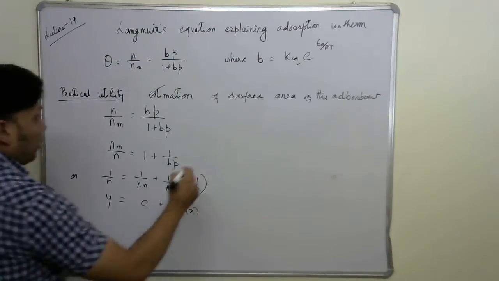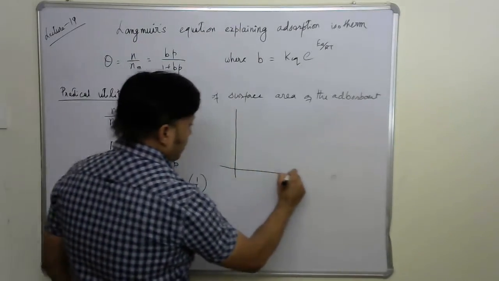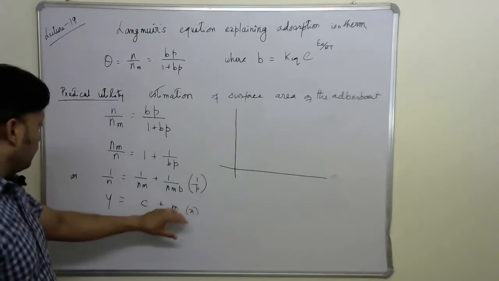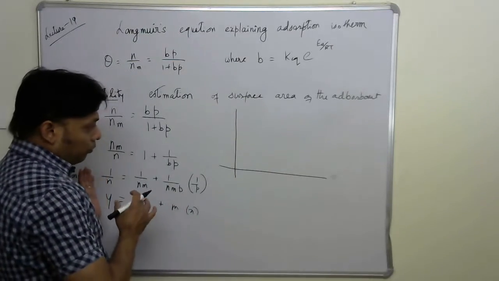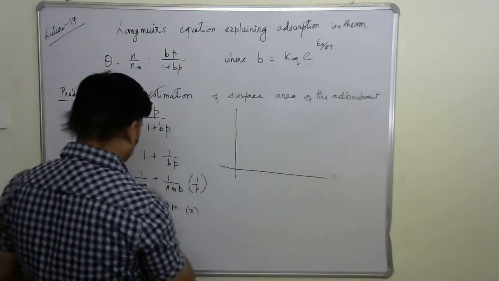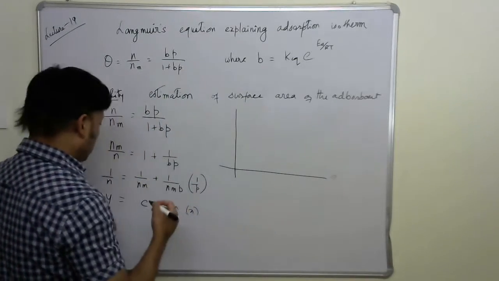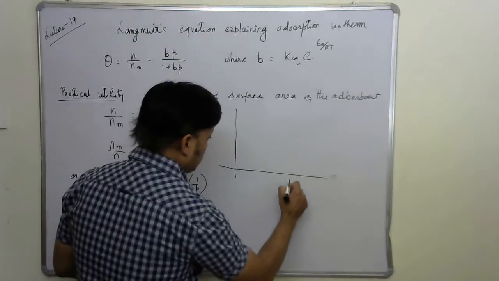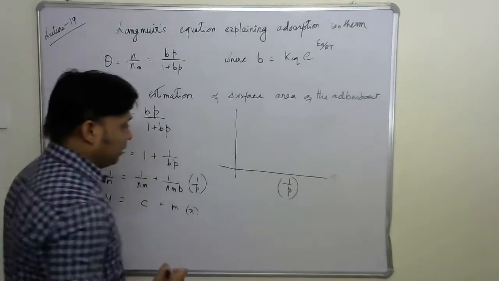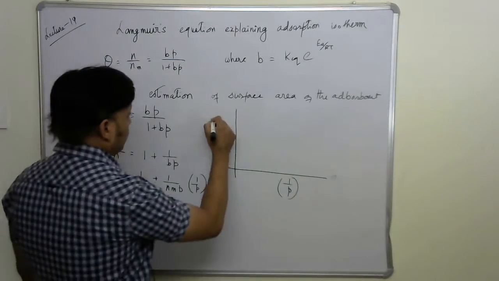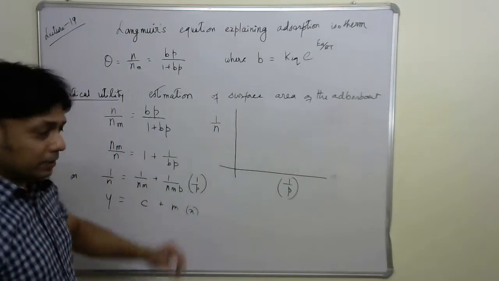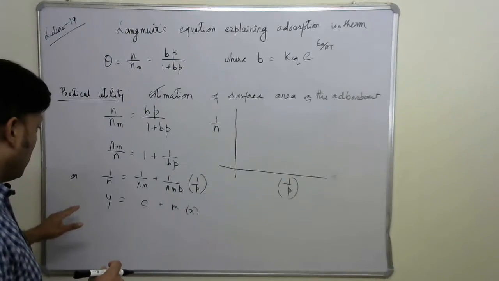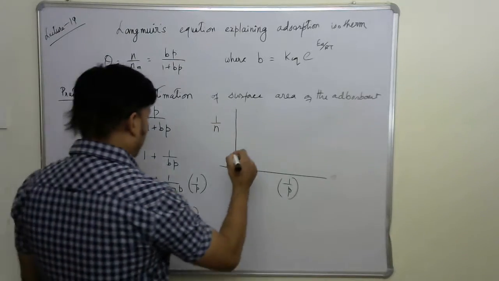Therefore, if we measure the pressure versus the number of gas molecules adsorbed and plot them, we need to plot 1 over p against the inverse of the number of gas molecules adsorbed. This graph would give me a straight line.